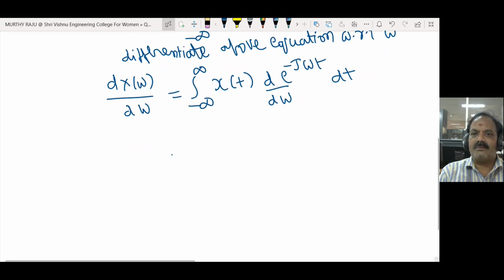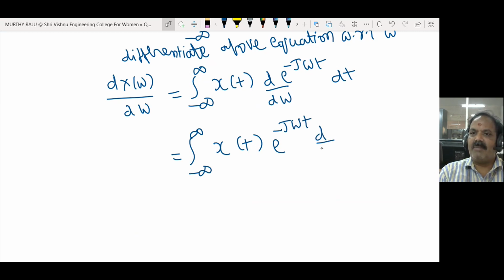That is equal to the integral of x of t with respect to omega, d by d omega of e power minus j omega t is e power minus j omega t, and d by d omega of minus j omega t, dt.